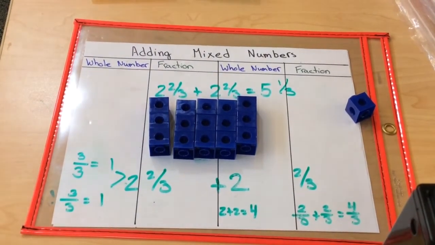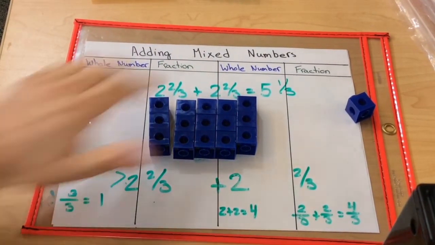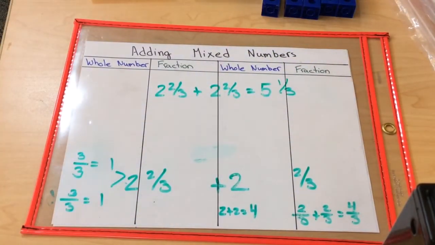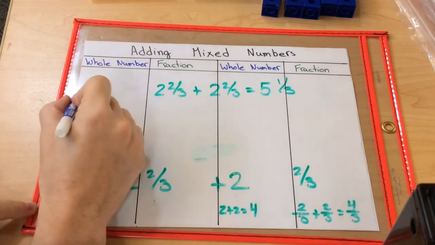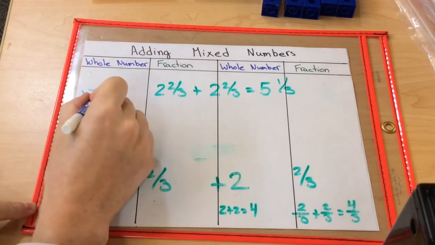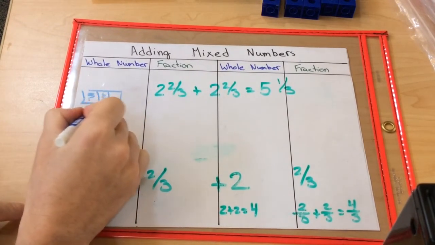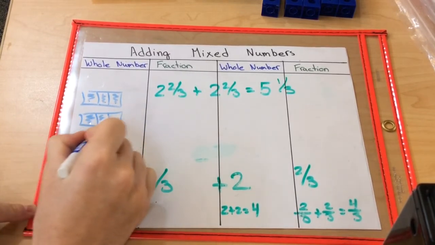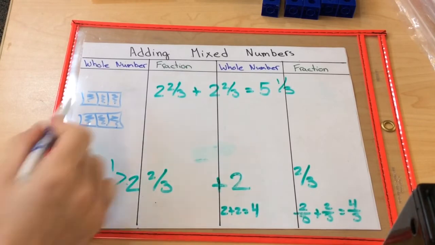Okay, so if you don't have cubes, which I totally understand, you could draw a picture to represent this, right? So when I was dealing with thirds, I could have a picture look like this. And I shade in my whole numbers, right? So here would be showing 2 wholes.